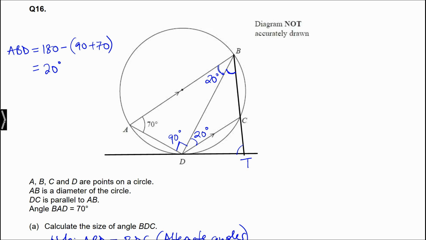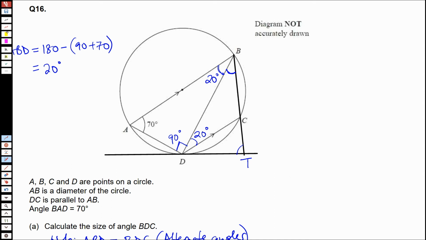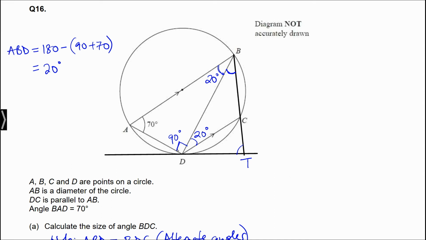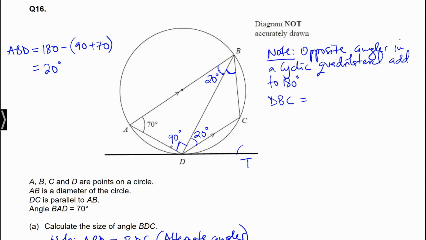One thing we know is that this angle here and this angle here are opposite angles in a cyclic quadrilateral. Opposite angles in a cyclic quadrilateral add up to 180. Now, the whole of this angle here is 110.